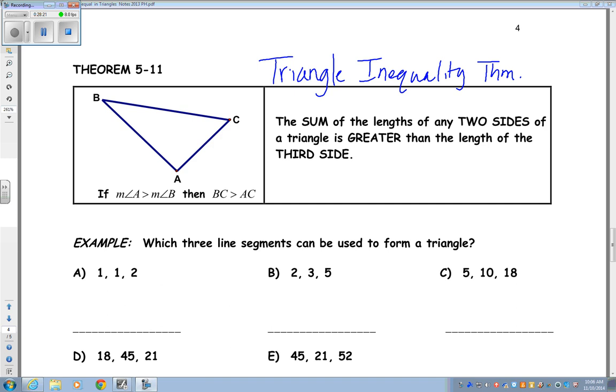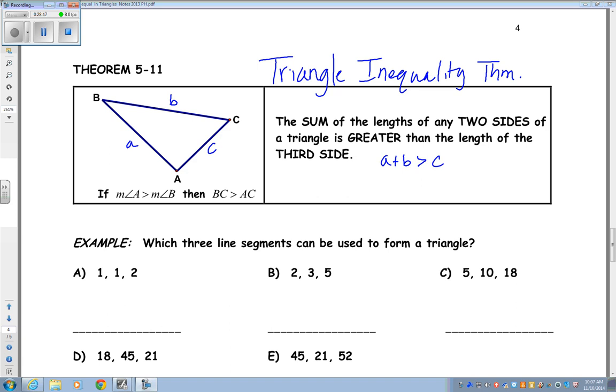We can name a side also with a lowercase letter, so I'm just going to put a, b, and c. Alright, so basically, if I'm looking at c, the theorem says that the sum of any two sides, so if I add a and b, has to be greater than the third side, c. That works for all sides.